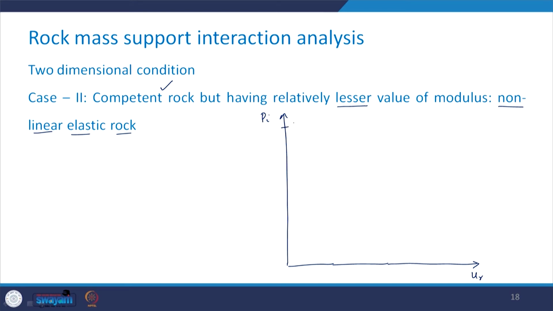Now in the beginning here, that's the point A as we had in the previous case. So I am keeping the same notations. At this point, Pi equal to P naught. Since this is non-linear elastic rock, in the beginning, for some portion you will have the linear response of the ground, and then it will become non-linear.